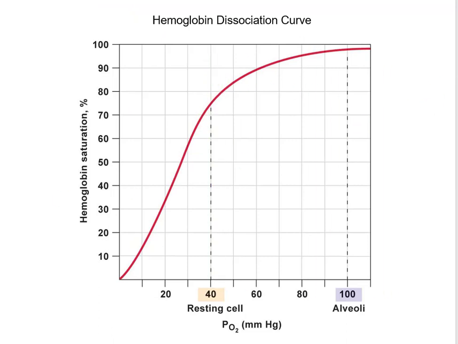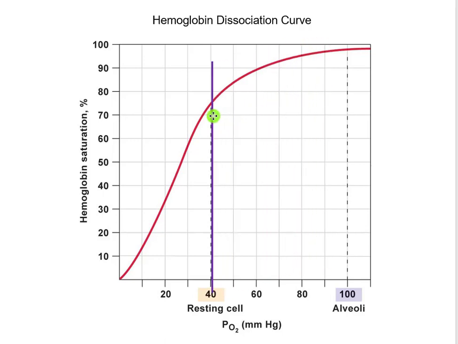I'm going to cut off the video here, and I'm going to pick up the hemoglobin dissociation curve in a second video, just so we don't make this too long. But I need you to really understand this, that the design of the hemoglobin dissociation curve is such that a significant drop in PO2 leads to only a minor drop in hemoglobin saturation at the upper end.